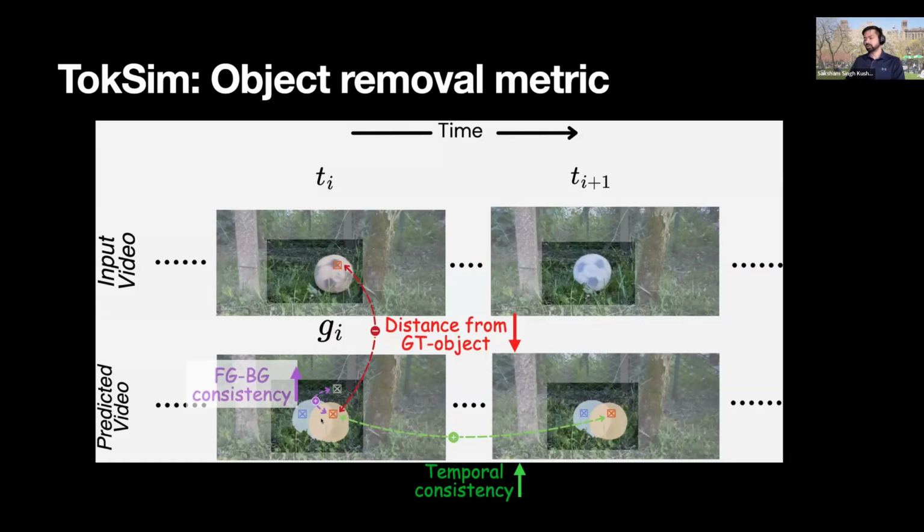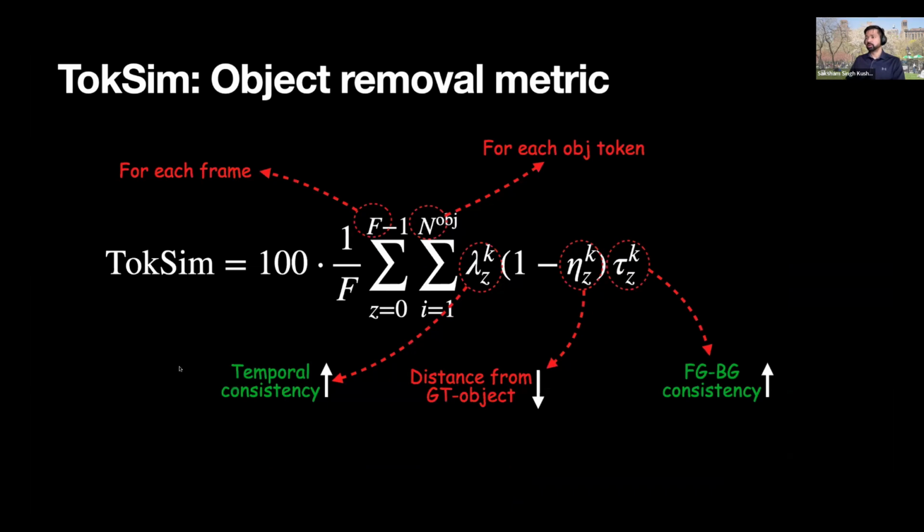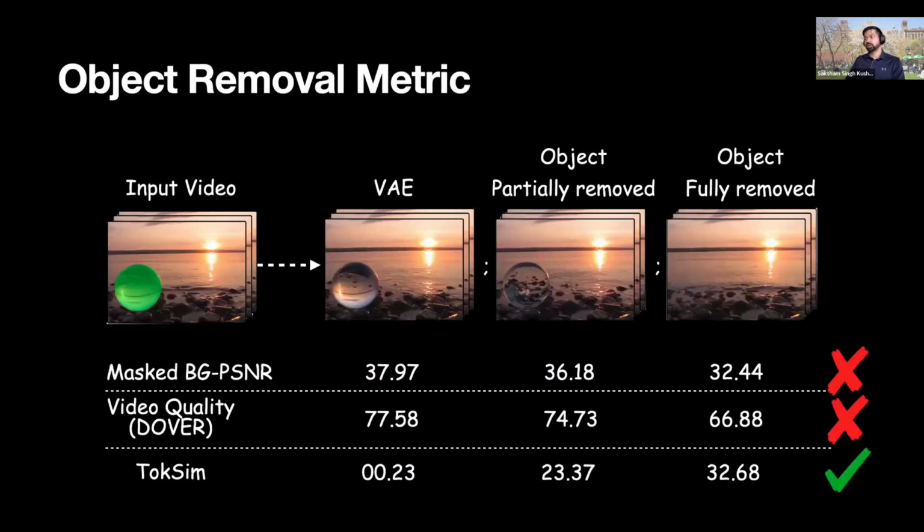More formally, we calculate it over all the frames and for all the object patches, and we reward temporal and foreground-background consistency while penalizing closeness to the ground truth object. We observe that this is able to distinguish the three settings: it highly penalizes when the object is fully reconstructed, and highly rewards when the object is fully removed.